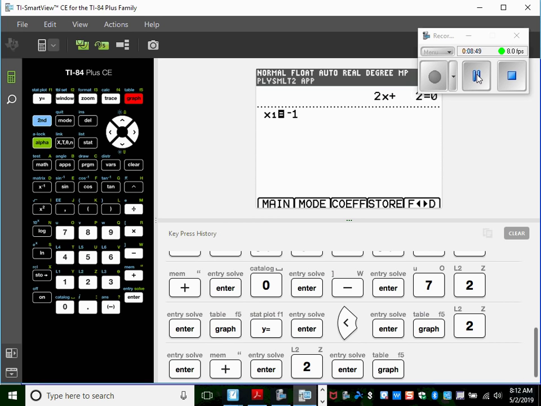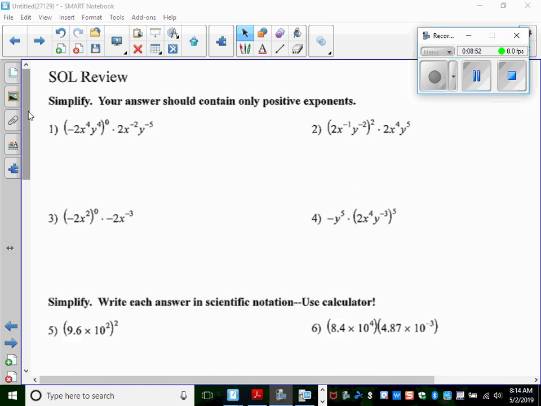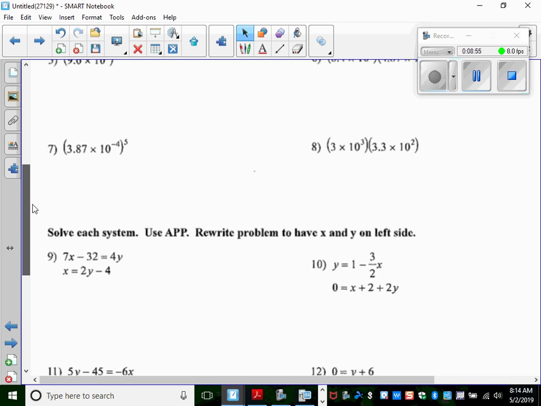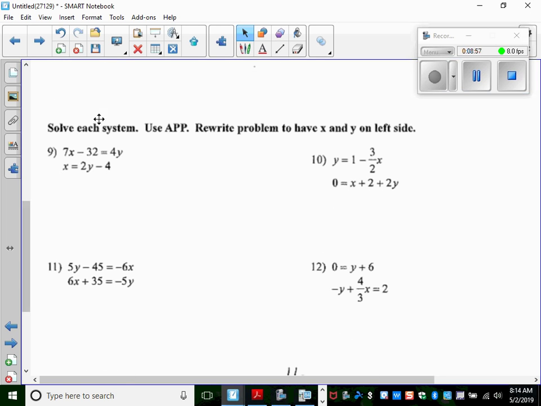Okay, so now looking at your variation packet, this one says solve each system. This is like, remember when we did the substitution method and elimination method? There's another app for that, and I'm going to show you how to do this using an app. Let me find out where that is in your booklet.